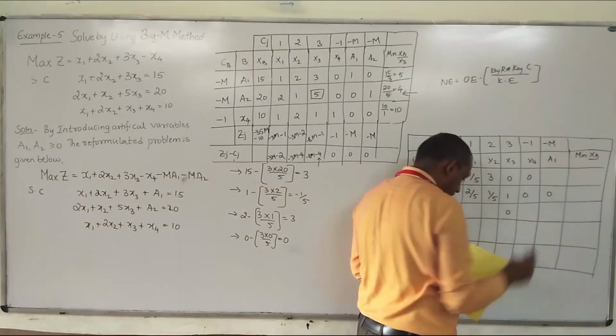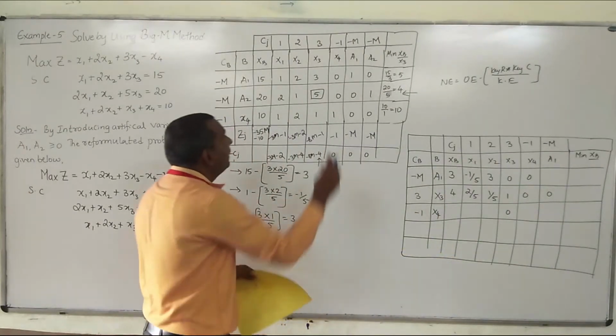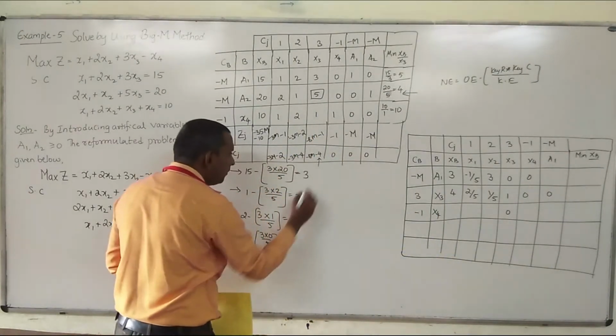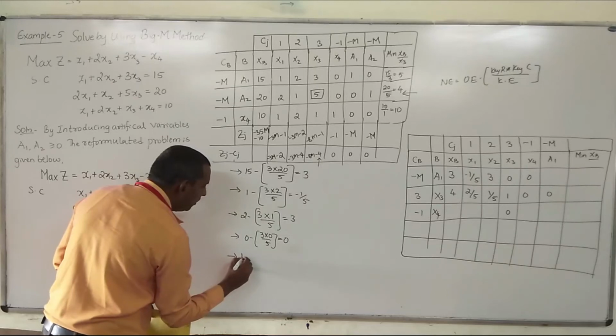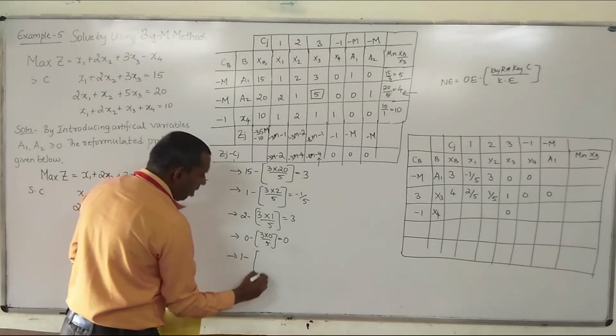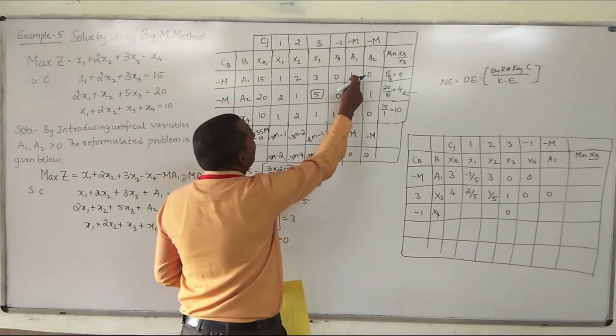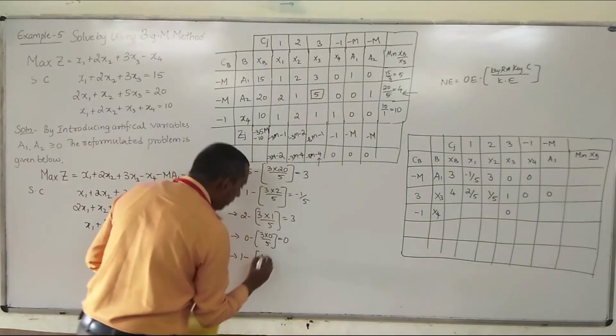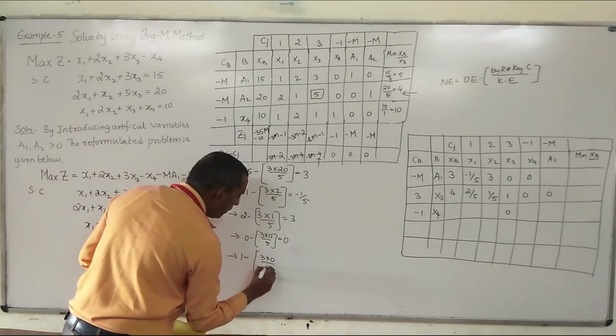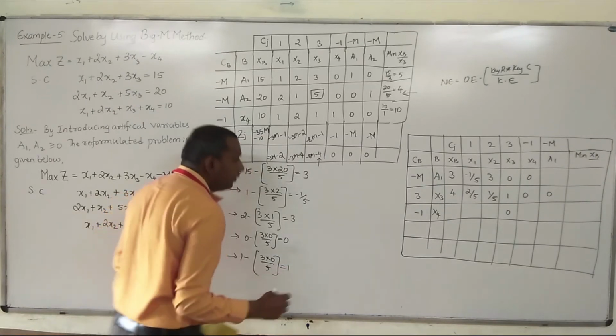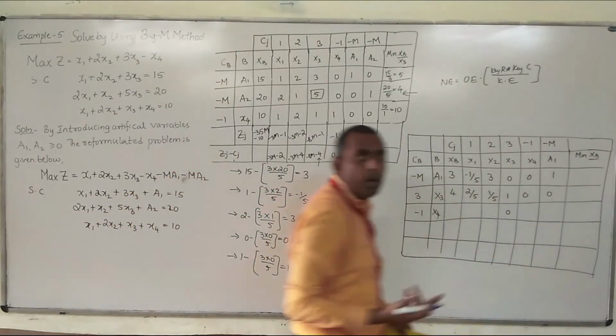Then this one is 1 minus 3 into 0 divided by 5, the answer is 1.